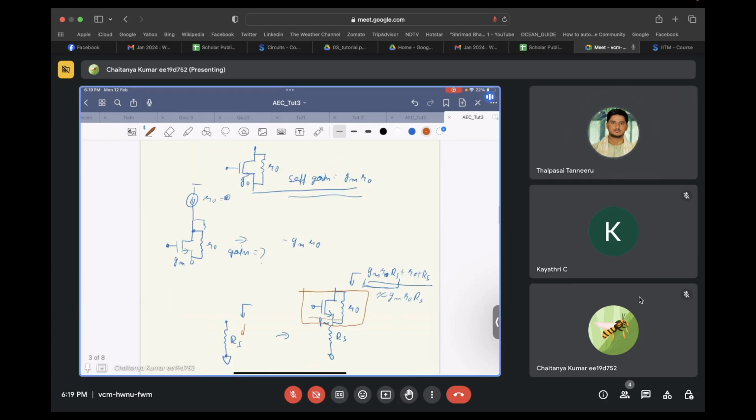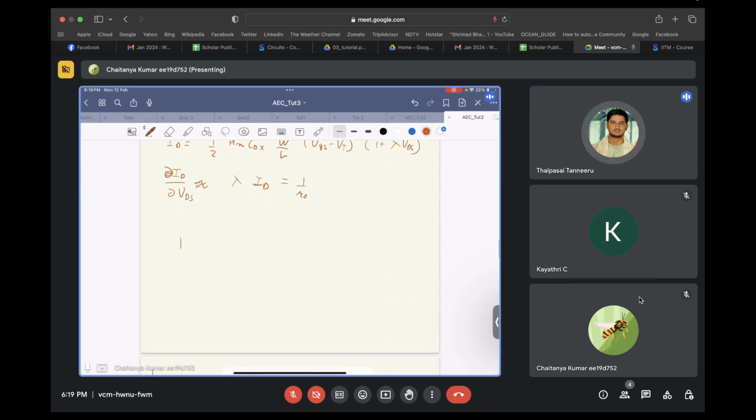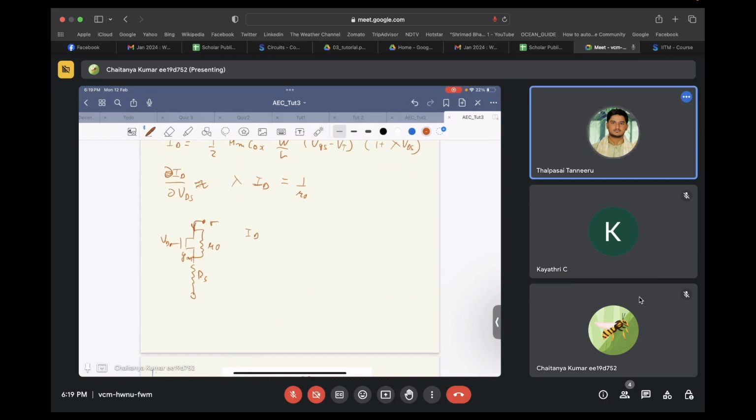Now, as we did in this question incrementally, there was this RS over here, there was R naught over here, GM over here, and you apply some bias voltage VG. Let's say there was some value of ID that was supposed to flow at some particular VD.